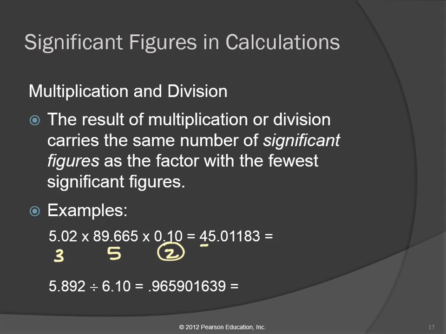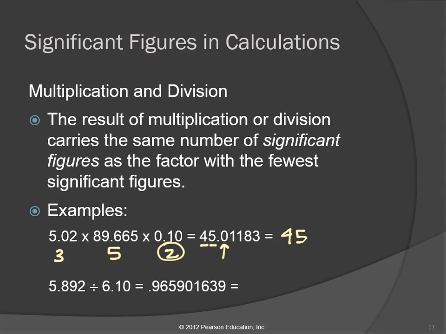So we're going to keep the 4 and the 5. And then we're going to apply the regular rules of rounding. If the next digit is less than 5, we round down. If it's 5 or greater, we round up. So we're going to look at this 0 and say, oh, that's obviously less than 5. So we're going to report this answer as 45.